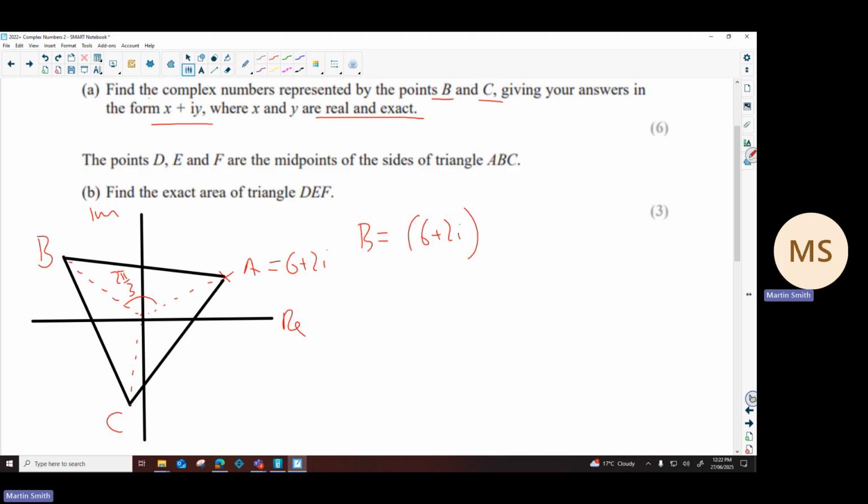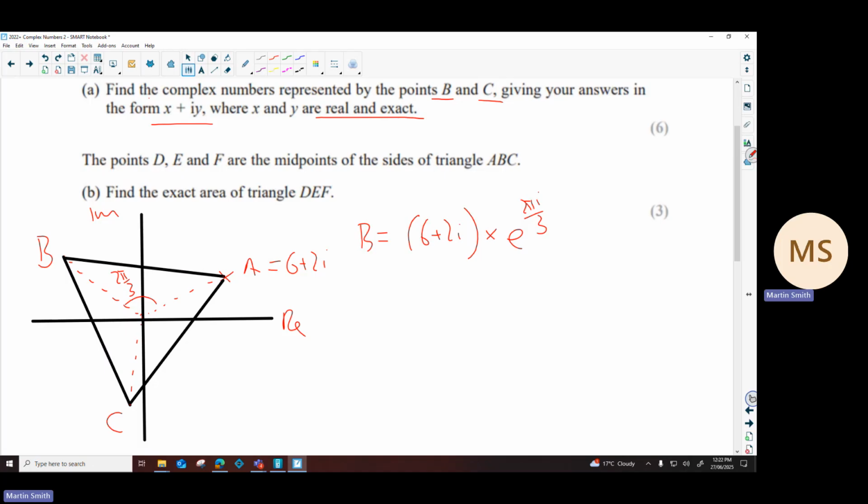You start at 6 plus 2i and you multiply it by e to the power of 2 pi over 3 i. So doing that will rotate point A round about the origin through 2 pi over 3 radians, 120 degrees, and will take you to point B. Okay, and that's what I need to work out.